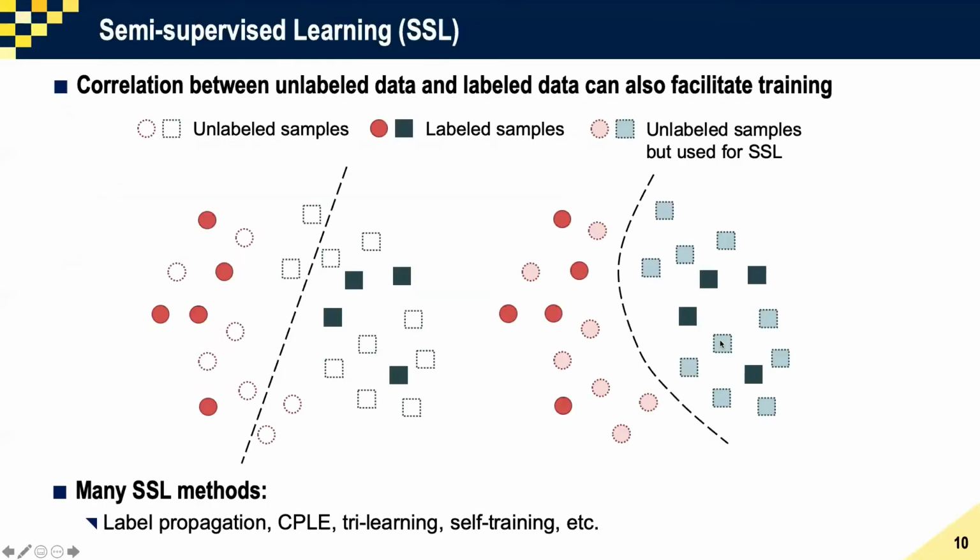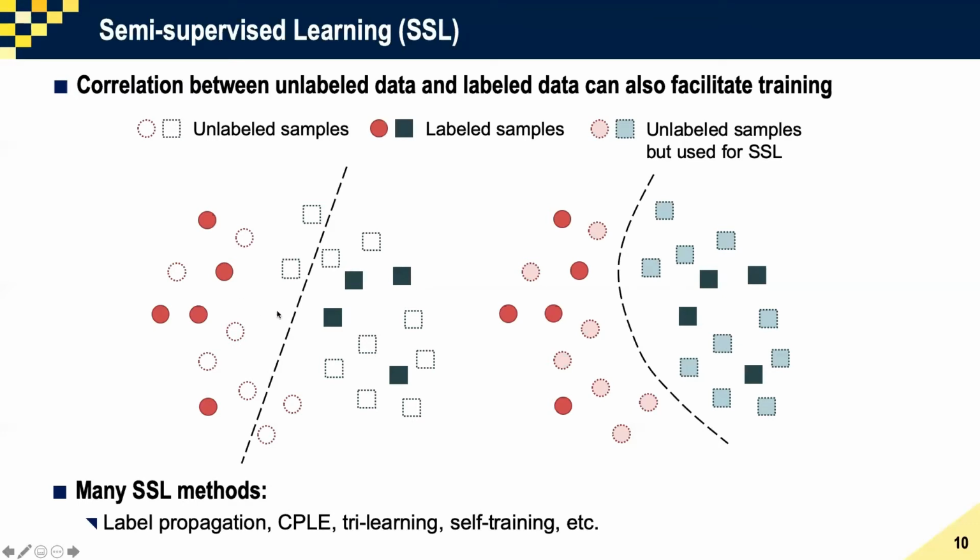After initial labeling, we have 2 sets of samples, the labeled set and the unlabeled set. Supervised learning methods will train a model based only on the labeled data. However, the distribution of unlabeled data and the correlation to the labeled data can also facilitate model training. Here's an example.